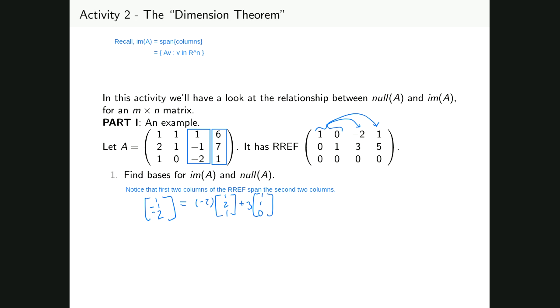If we do the arithmetic, this comes out as -2 plus 3, -4 plus 3, -2.